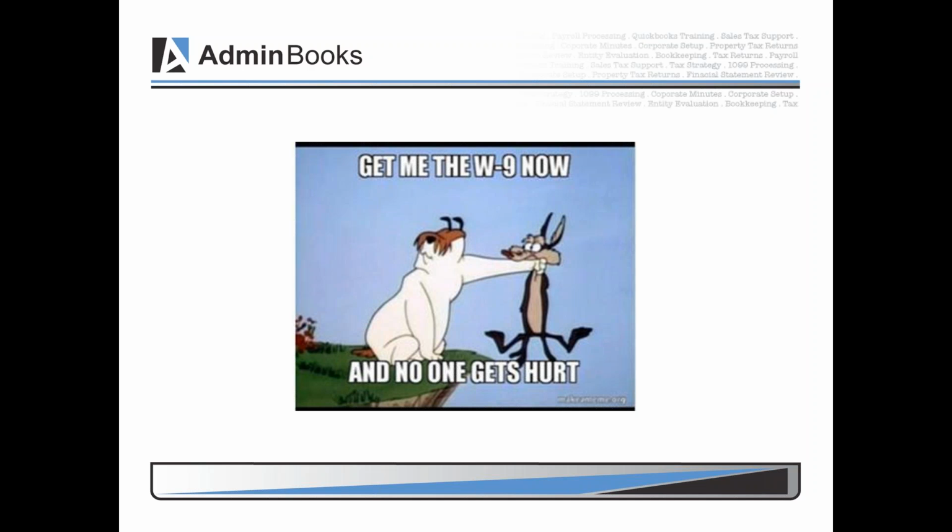Well, I am definitely the bulldog, not the coyote in the cartoon, because I'm the one who is attacking the clients to get me the W-9 so I can get your 1099s filed on time. We did have a situation with a client where she was making payments to contractors and then getting reimbursed from another client for the work that the vendor had done. And she's like, so this is just a reimbursable expense.